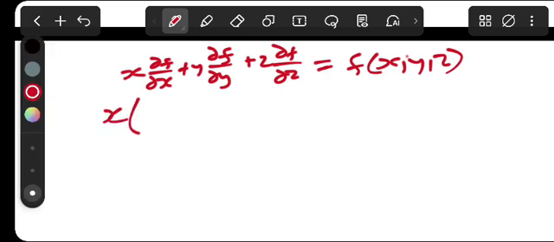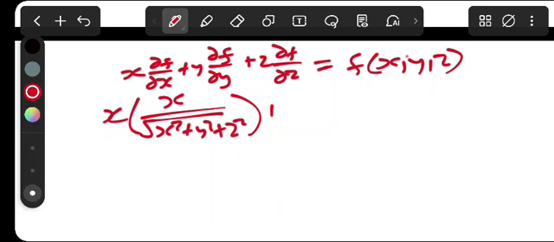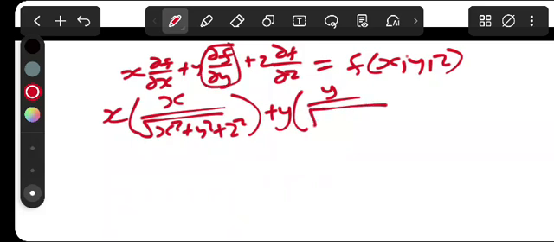Now we know this will be x over the square root of x squared plus y squared plus z squared, plus we come here, y multiplied into y over, because we've calculated this, we know that will be equal again to the square root of x squared plus y squared plus z squared.